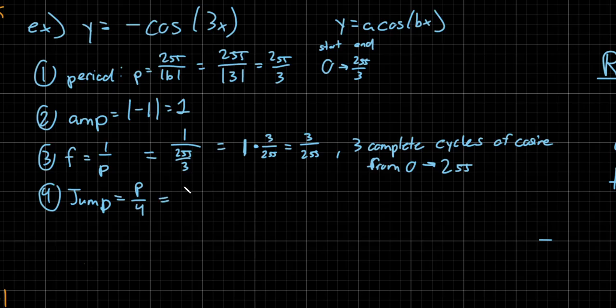What's p? Pi over 3 over 4. Multiply by 1/4. Not really. Keep, change, flip.